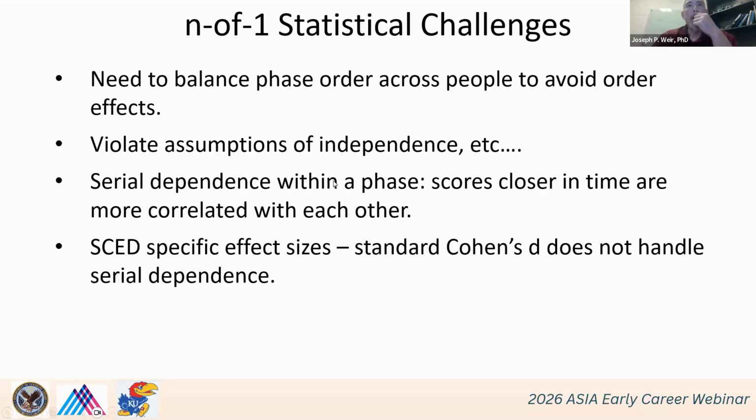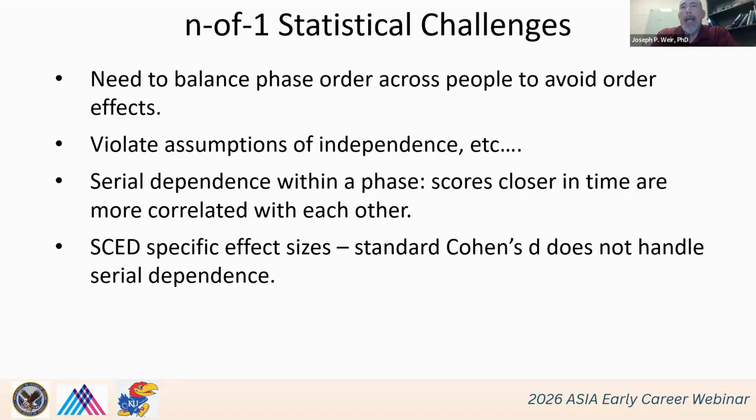So that does affect how we think about how to analyze the data. And the order of scores. There's a temporal sequencing that will be happening if you're getting multiple scores within a given stimulus setting. Scores that are closer in time are going to be more correlated with each other than scores that are further separated in time. All that means that there are some SCED specific calculations out there that, frankly, I'm just starting to become familiar with.